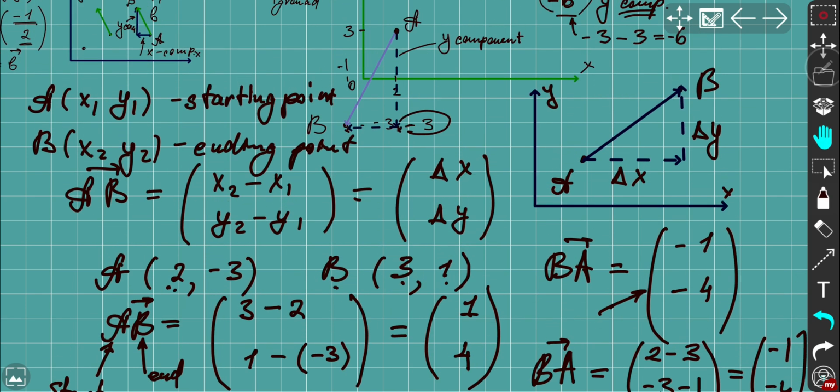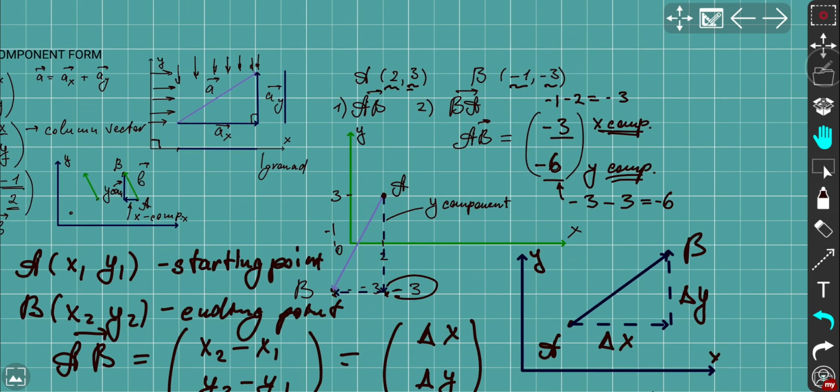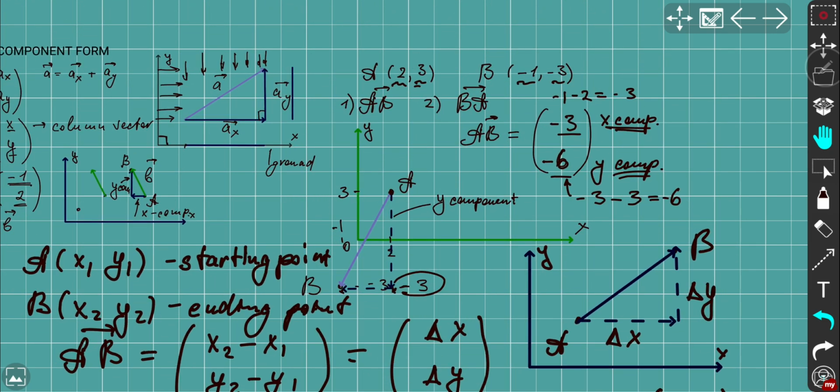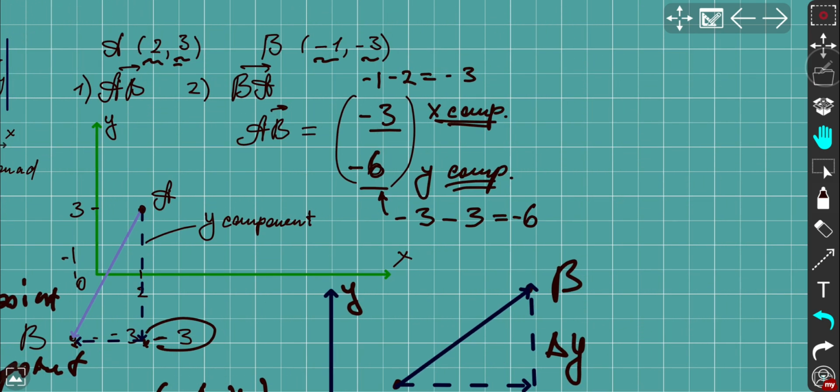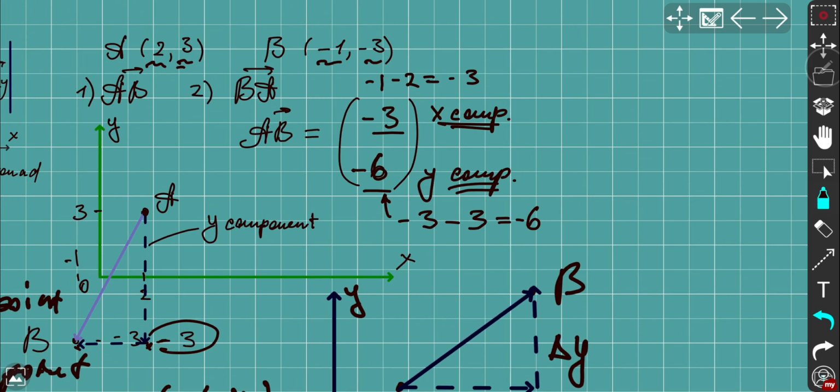Okay, so let's move up a little bit. In this case, we are actually supposed to do the same. So the second part of the exercise was to find vector BA. Once we found AB, we can basically swap the signs and hence figure out the values of the components for vector BA. That's the opposite one, so it's going to be 3 and 6.